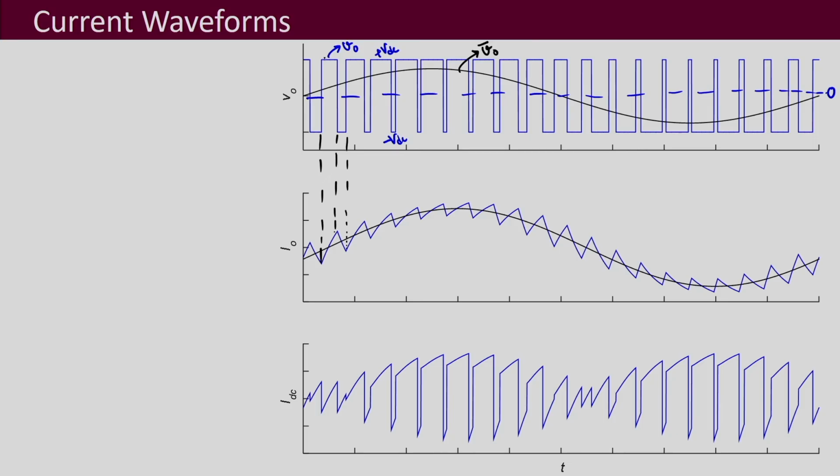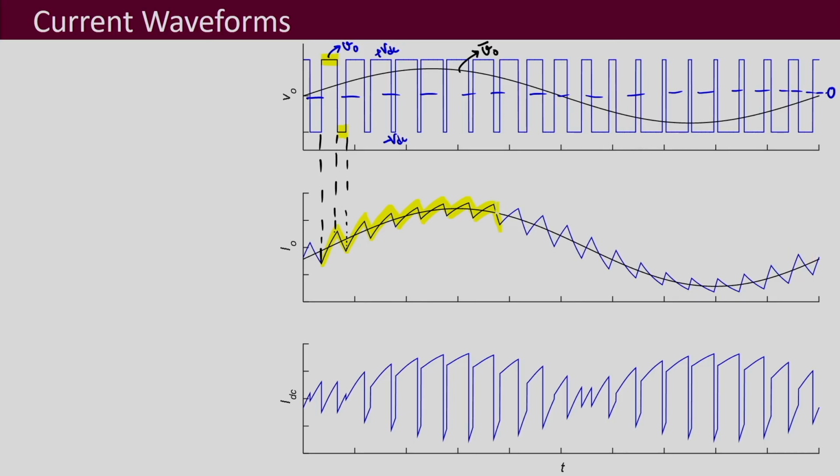Whenever the voltage is positive, here it is plus VDC, the current will increase, and whenever the voltage is minus VDC, the current will decrease. This nature of the current increasing and decreasing continues and it follows a kind of sinusoidal nature.